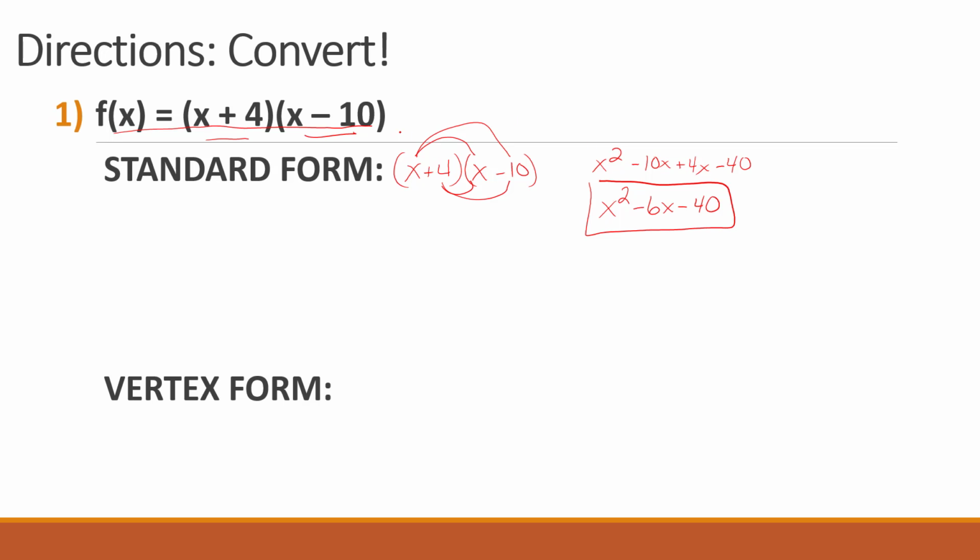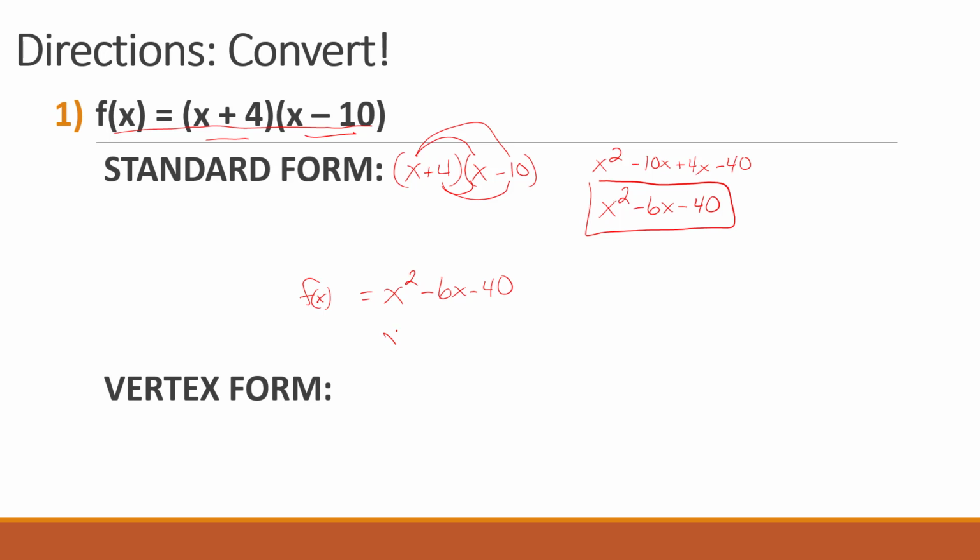Now you'll likely remember that I told you on the previous slide, everything revolves around standard form. So in order to get to vertex form, we're going to start with our standard form, x squared minus 6x minus 40. Now, if we were completing the square, we would take the minus 40, our c value, and we would move it to the opposite side of the equal sign. This is similar to completing the square, but not quite the same.